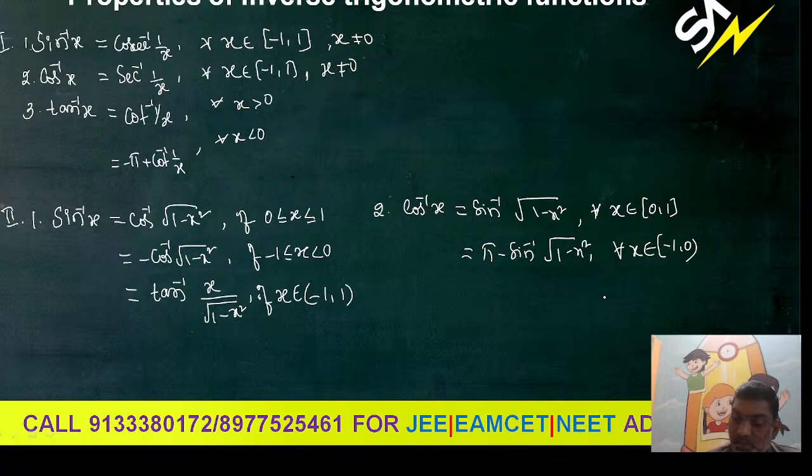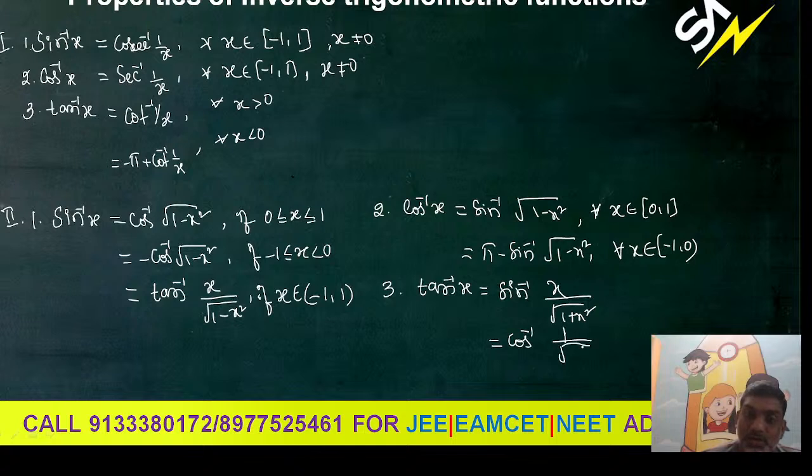And the next, what we have, next set words are tan inverse of x. What is tan inverse of x? Tan inverse of x is sine inverse of x divided by under root of 1 plus x square, or else we can write it as cos inverse of 1 by under root of 1 plus x square.